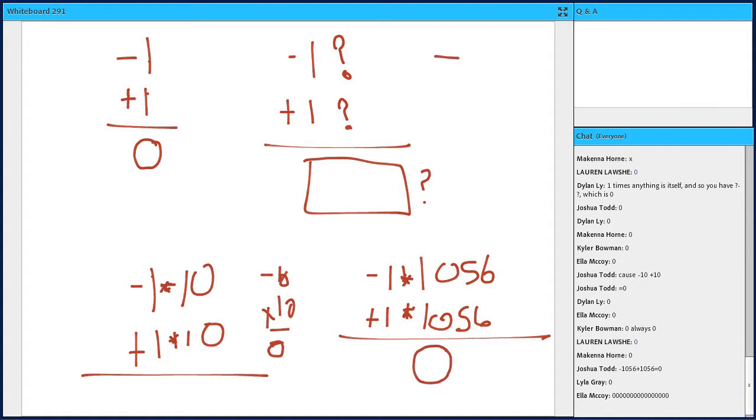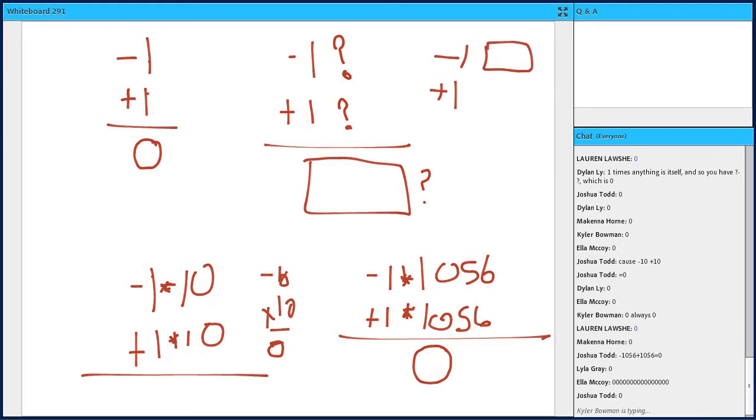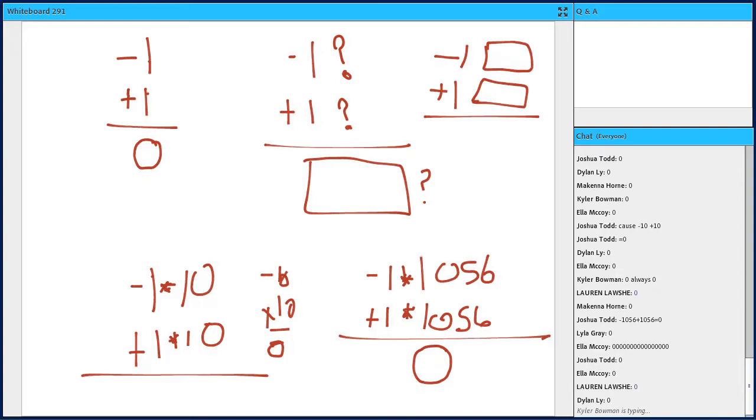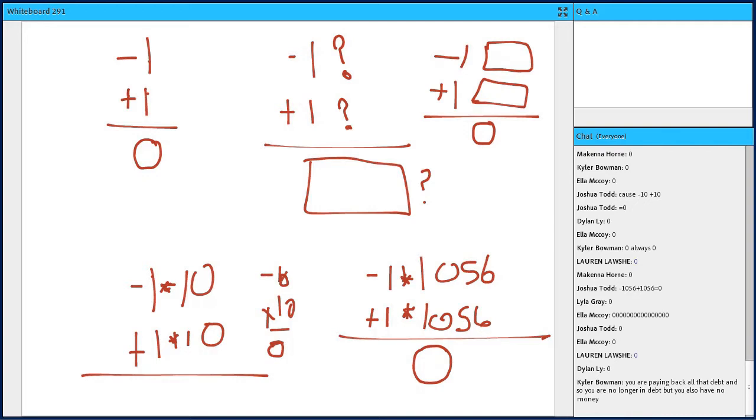So what's -1 times some number plus 1 times the same number, whatever that number is? Should be 0. No matter what, you can fill that number in with anything you want.